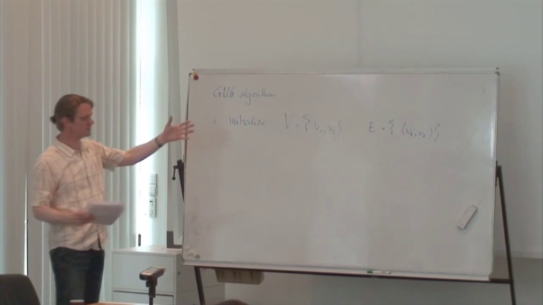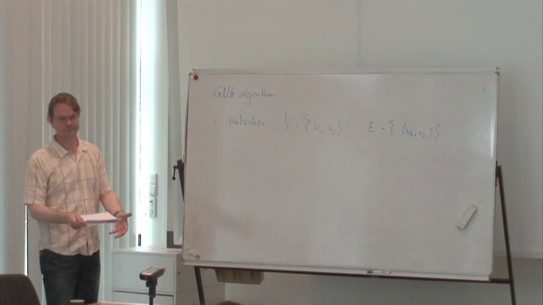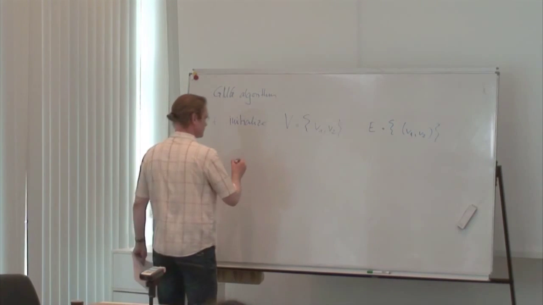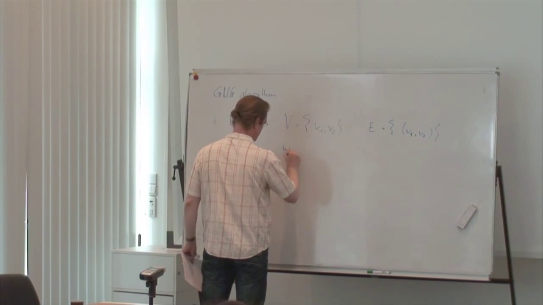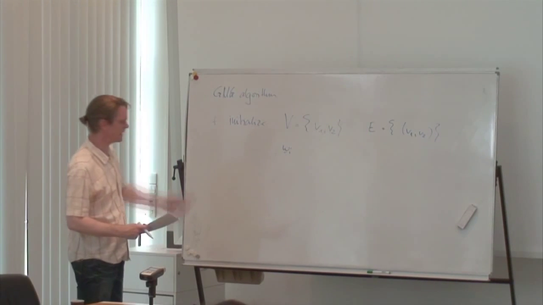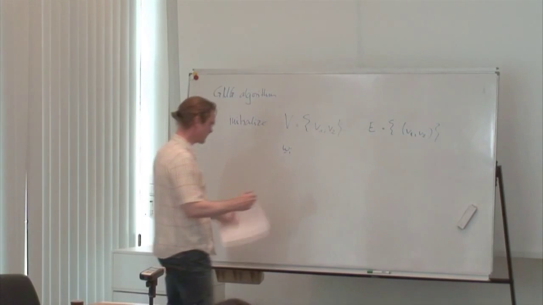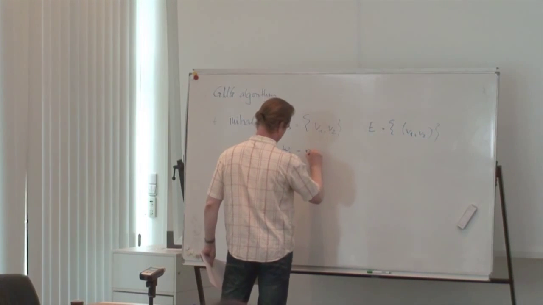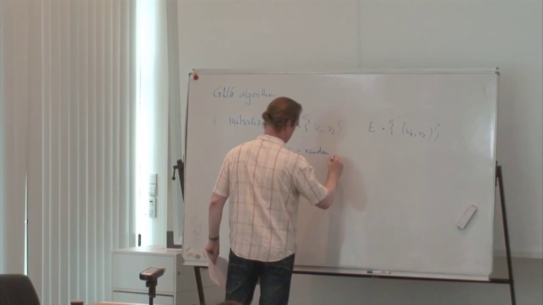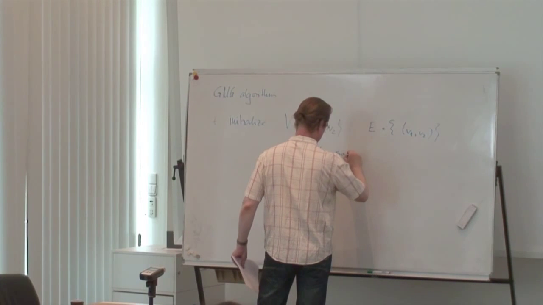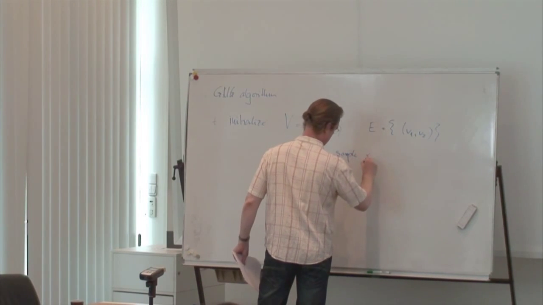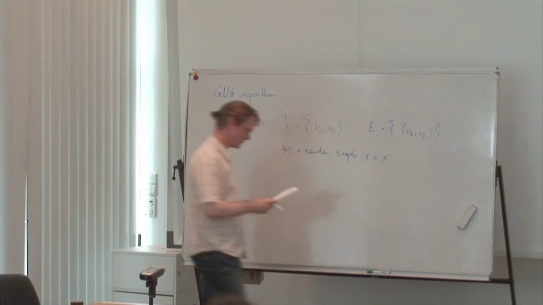So at the beginning there's just two vertices and one edge in between. And we also initialize the weight vectors attached to every vertex. Random sample x in this data set we are given.